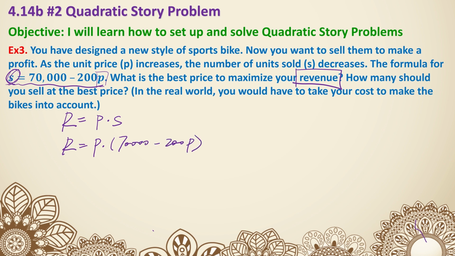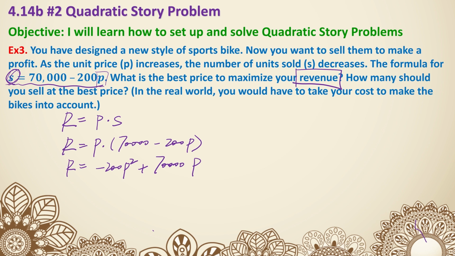There's my function. You're trying to maximize the revenue, so we need to find a maximum point for the vertex again. Let's first simplify, open the parentheses. So R is going to be negative 200P squared plus 70,000P.